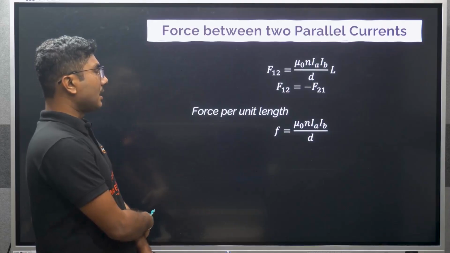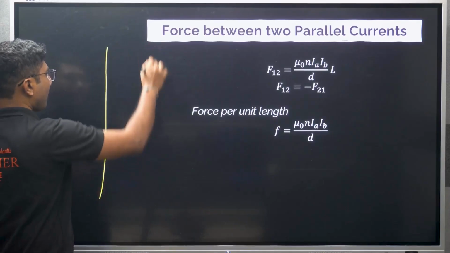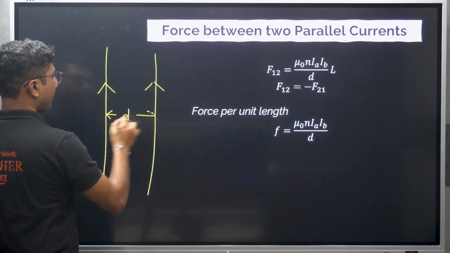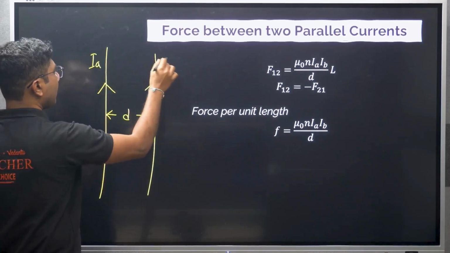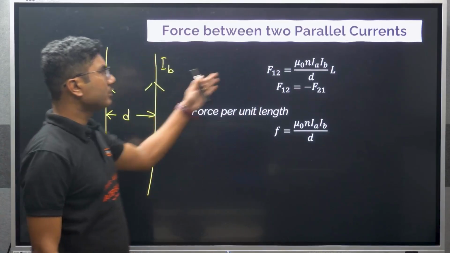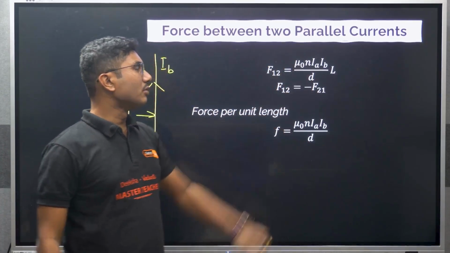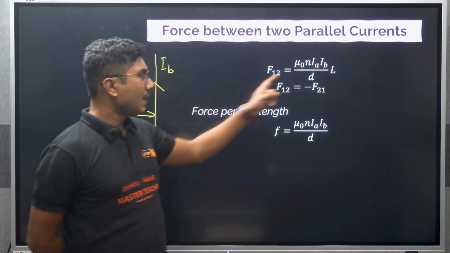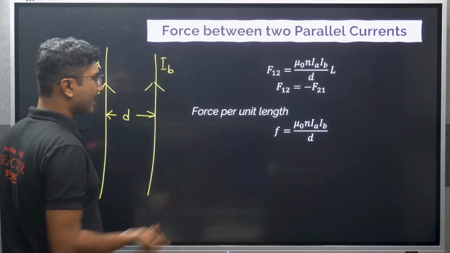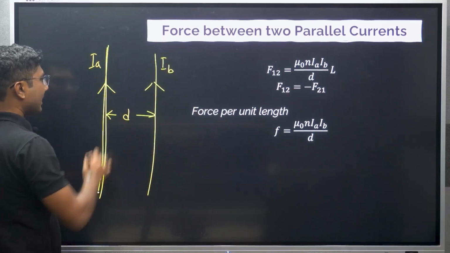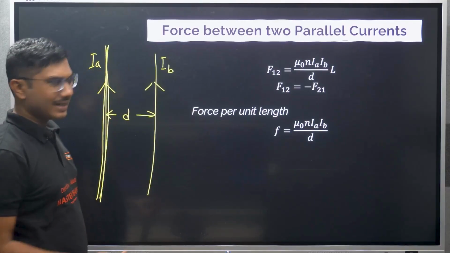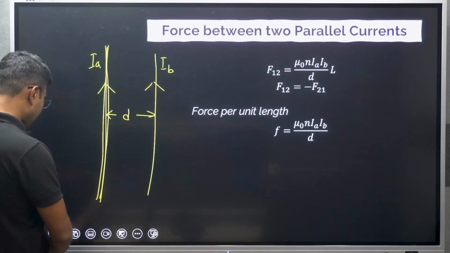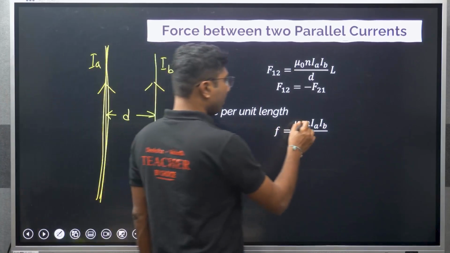Force between two parallel currents. We have two parallel currents. Suppose the distance between them is d, with currents IA and IB. Then the force between them is given by mu naught IA IB by d, into L. Here N may be there if more wires are present, but I don't think this N is very important for a straight wire, so I will remove it.